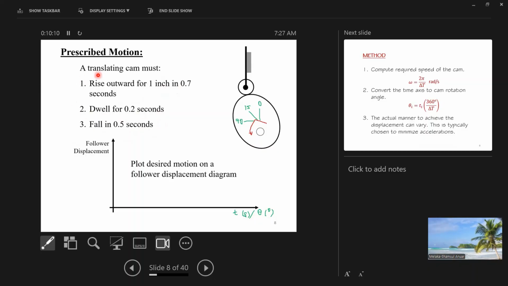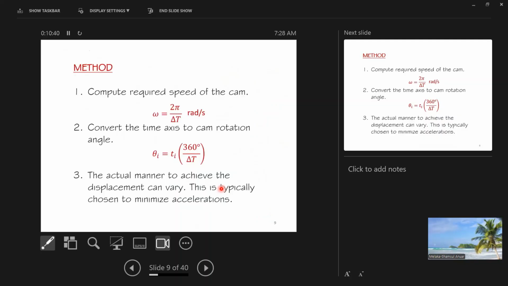Okay, after you have understood this motion, you have to create your displacement diagram. So after you have done the displacement diagram, then only you can create your cam profile. Yep, that's the kind of things that you are expected to do.